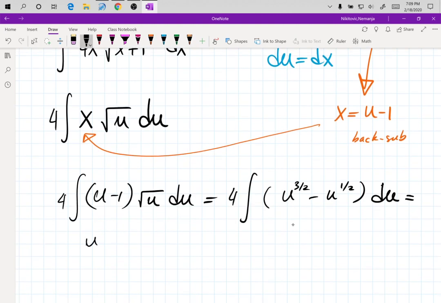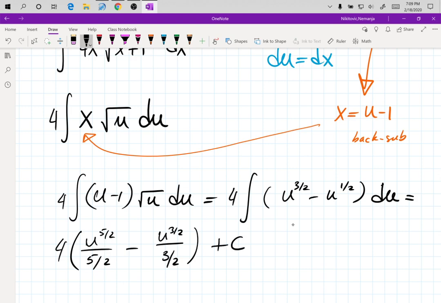u to the 5/2 divided by 5/2. Oh, there's a 4 in front. Minus u to the 3/2 divided by 3/2. Plus c. The 4 times 1/2 and 1/2 will make this into an 8 of u to the 5/2 divided by 5 minus u to the 3/2 divided by 3 plus c.